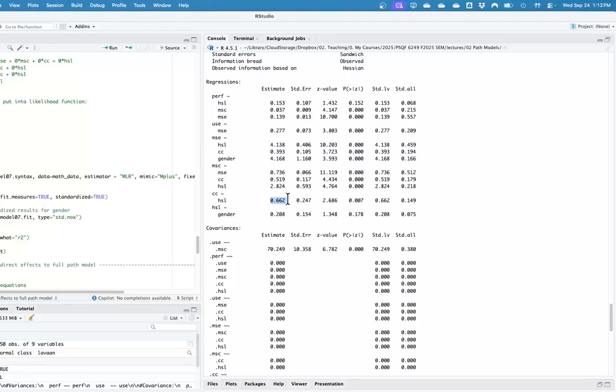So what we have to think about for an indirect effect: let's envision we increase high school math by 1. That means college credits go up by 0.662. And 0.393 times 0.662 is the indirect increase in math self-efficacy based on high school, right?